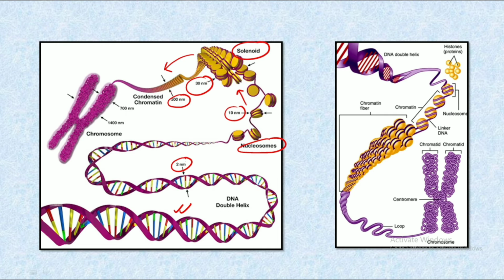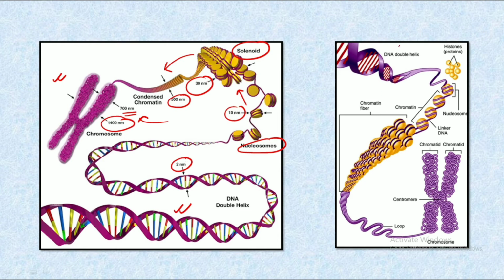With further packaging we have the formation of 700 nanometers, and the final condensation occurs at 1400 nanometers, and finally we have the formation of our chromosome. On the right hand side you can also see a more elaborate diagram.